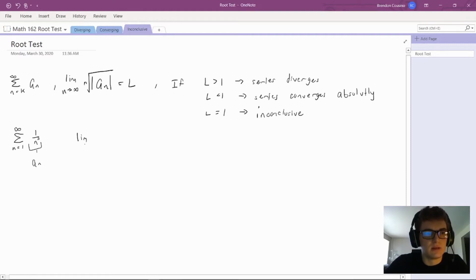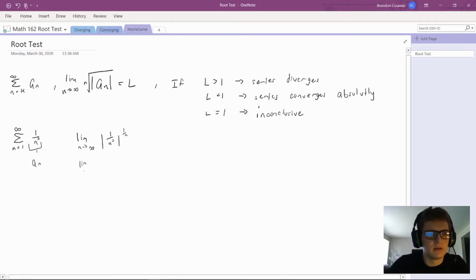So we have the limit as n approaches infinity of the, I'm just going to go right to the fractional exponent. So 1 over n cubed to the 1 over n. Now for this next step I'm going to rewrite the inside to make it a little easier on us.